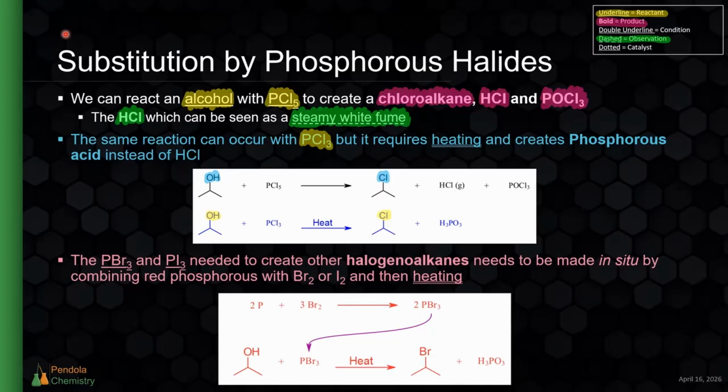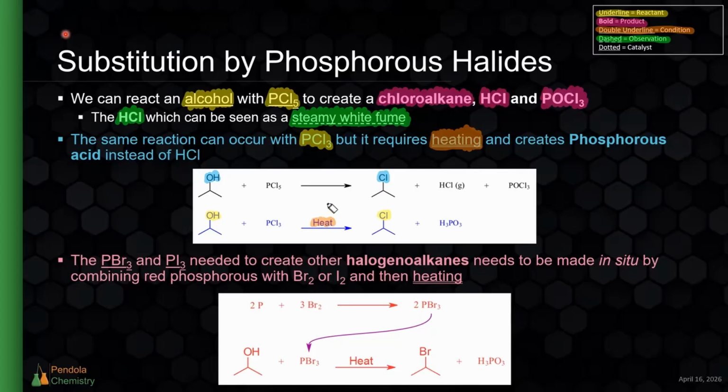Those conditions being that if we carry out the reaction with PCl3, we need to heat up our solutions. So when we react the alcohol with PCl3 instead of PCl5, whereas PCl5 just reacts without any special conditions, PCl3 will need heating as a special condition.